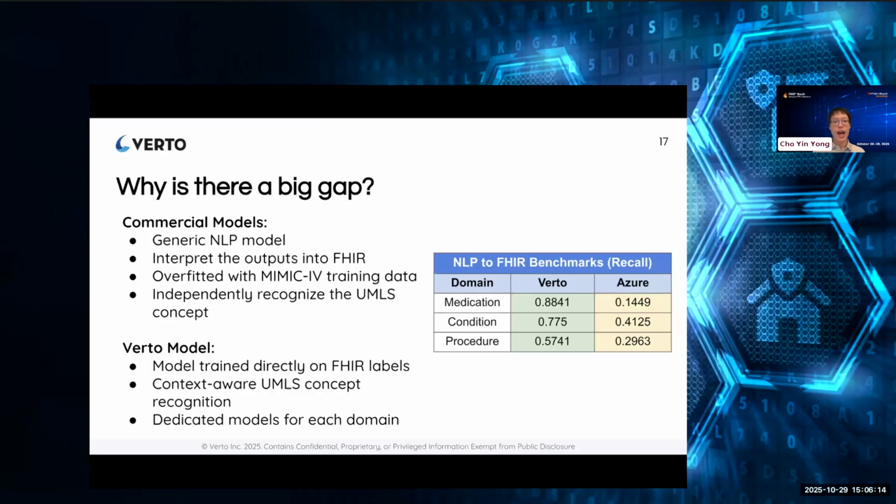Second of all, Azure is overfitted with MIMIC-4 training data. This is our hypothesis. But in one test where we use a very popular free text repository of discharge summaries, we realized that Azure consistently outperforms Verto. And I gotta be transparent about that because we did not do as well as Azure on anonymized MIMIC-4 notes.